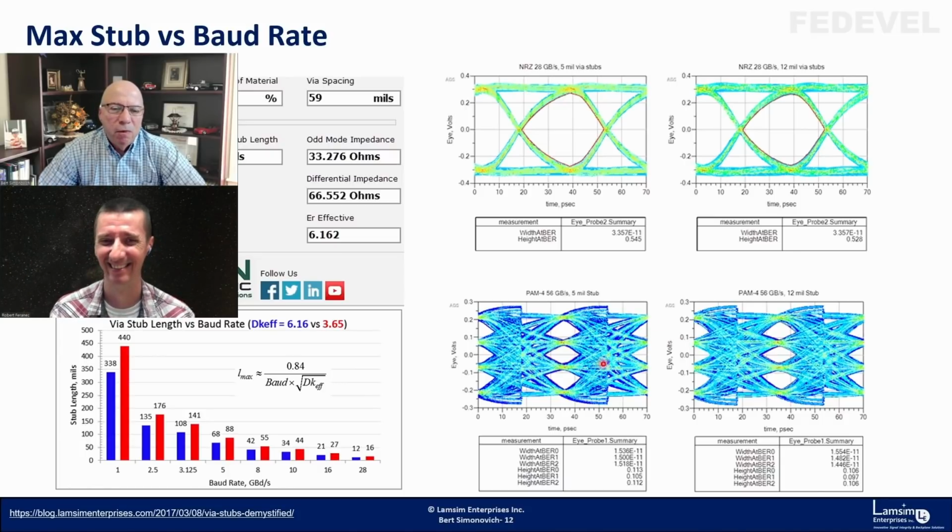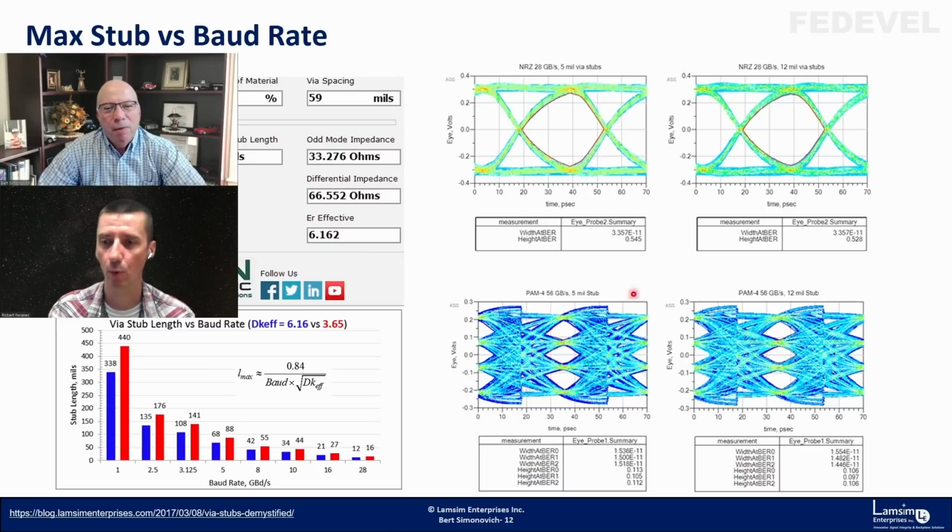Now that we've gone to PAM4, we really should be going away from calling this NRZ, but NRZ has been used forever because that's all we had. This is really PAM2, 2-level PAM.